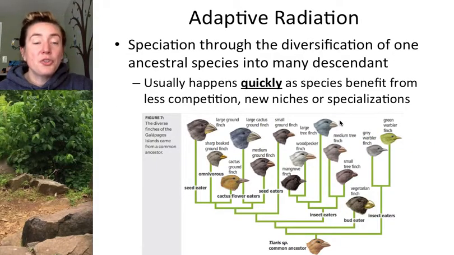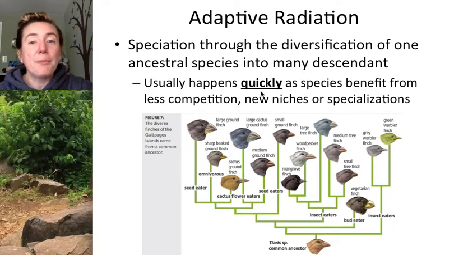Now, through these changes, speciation can also result from adaptive radiation. So speciation can happen in a relatively quick period of time through adaptive radiation. So this is speciation through the diversification of one ancestral species into many descendants.